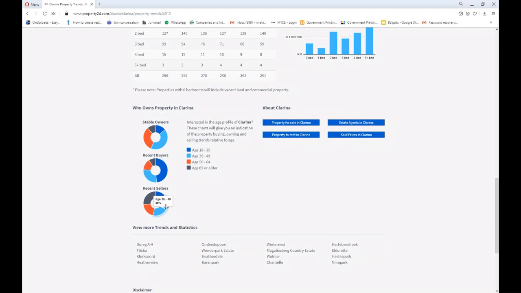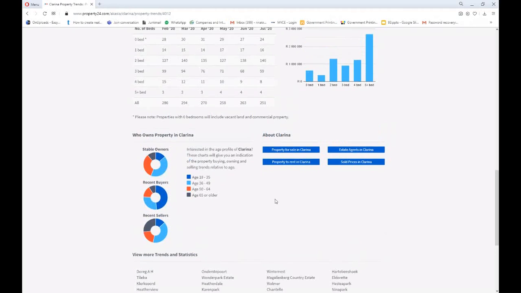Sellers is your blue range, this 36 to 49, meaning they move on more to residential one type of houses. It's like what we spoke yesterday, how they move from one area to another area. They sell and they buy. So this is how you read your area by this.